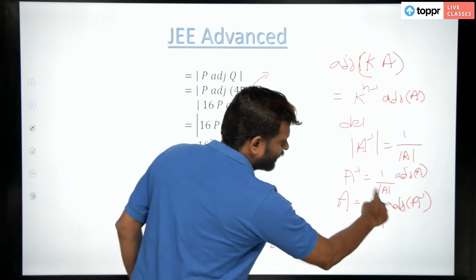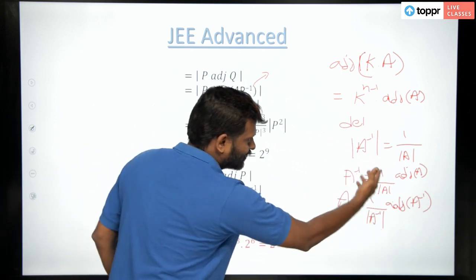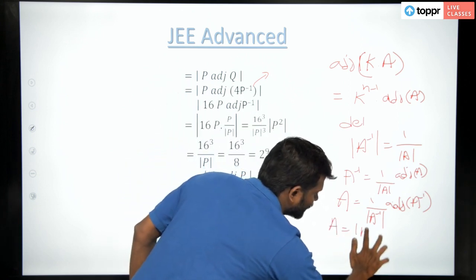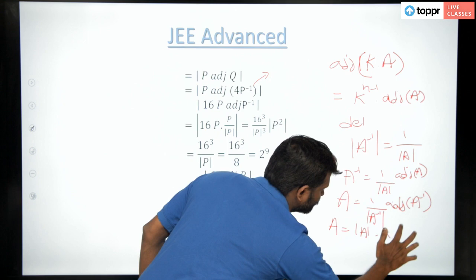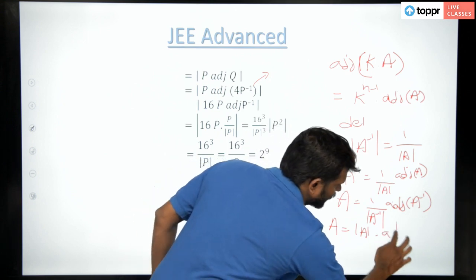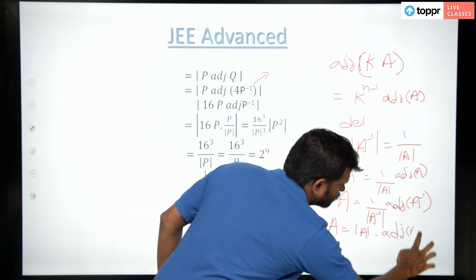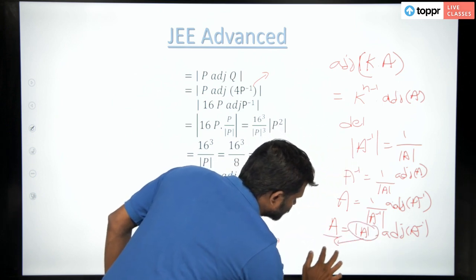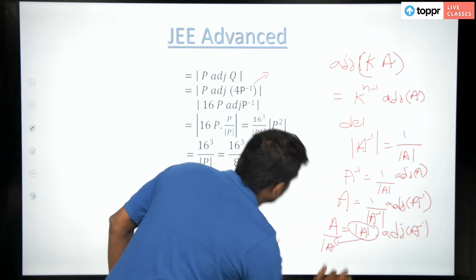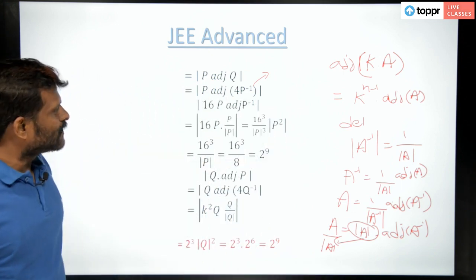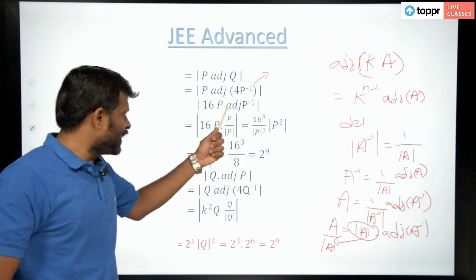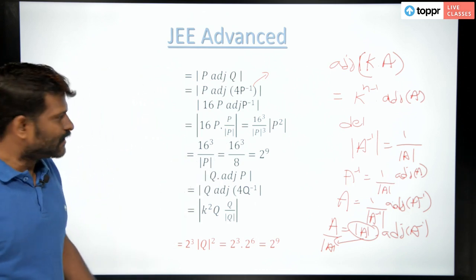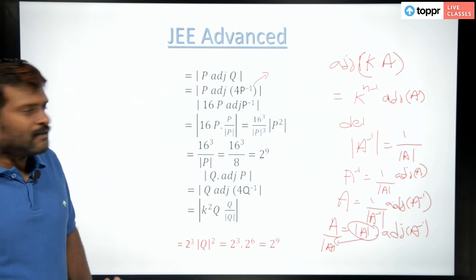Now, 1 by determinant of A inverse is nothing but determinant of A. So, A is equal to determinant of A times adjoint A inverse. If I bring this one here, it becomes A by determinant of A. So, instead of adjoint P inverse, I am writing it as P divided by det P. Is that clear? So, 16 times P by det P.